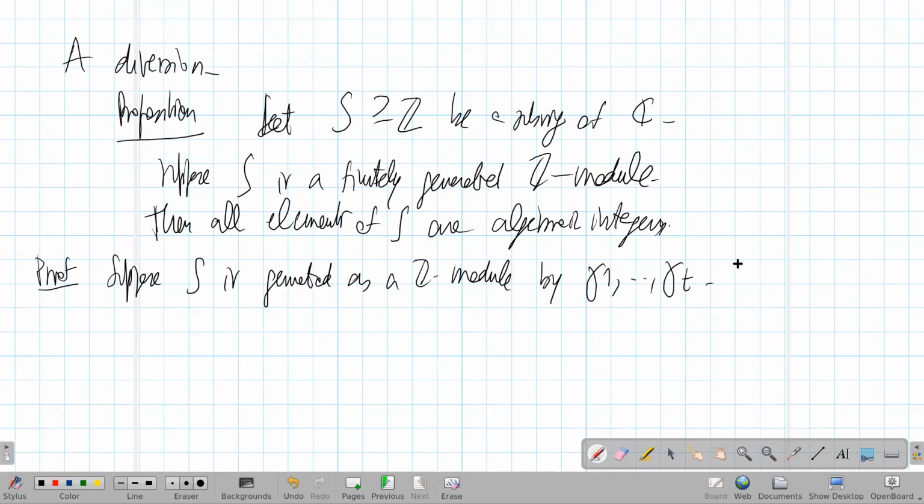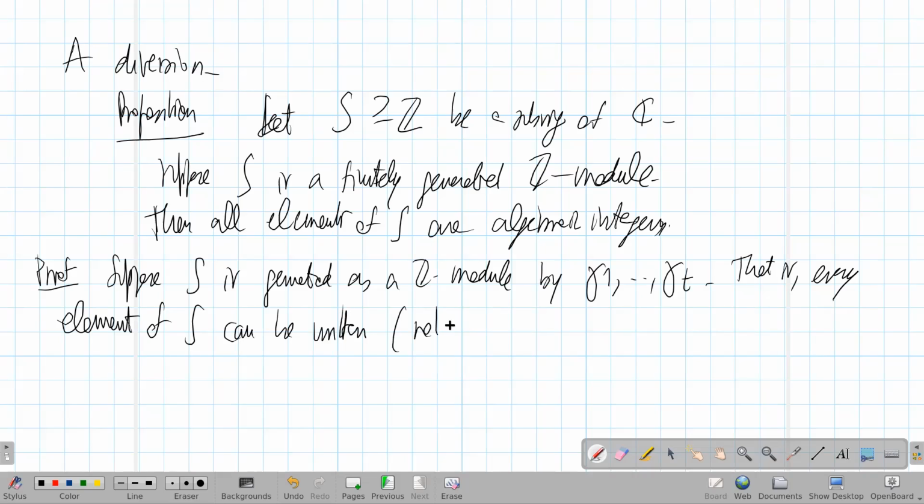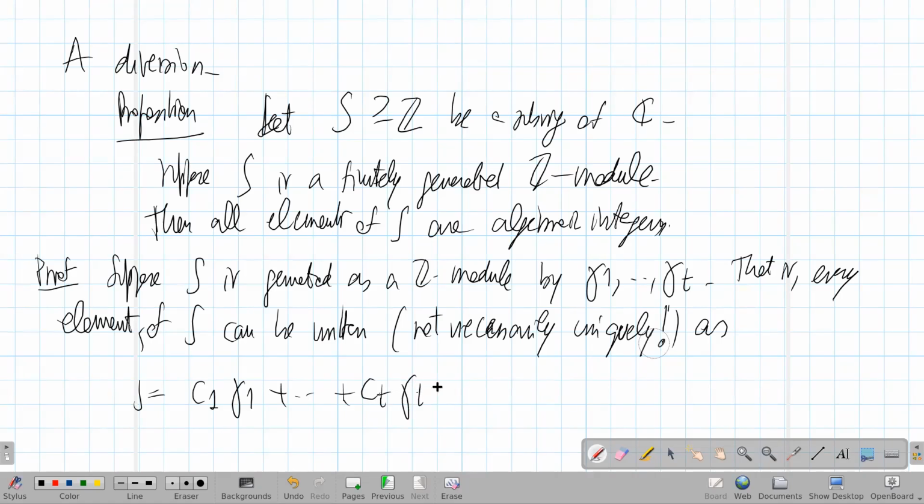This means that every element s of S can be written, not necessarily uniquely, so it's not like in a vector space, as a linear combination, with some coefficients, c1 gamma 1 plus ... plus ct gamma t, for some ci in the integers.